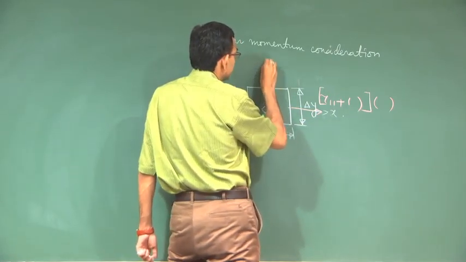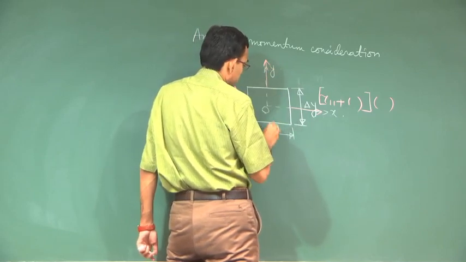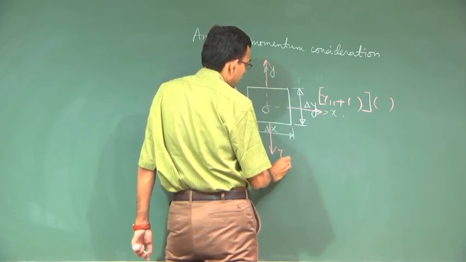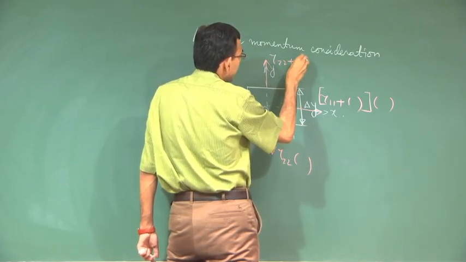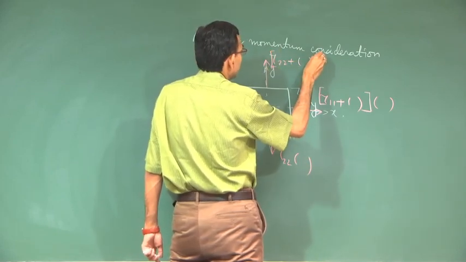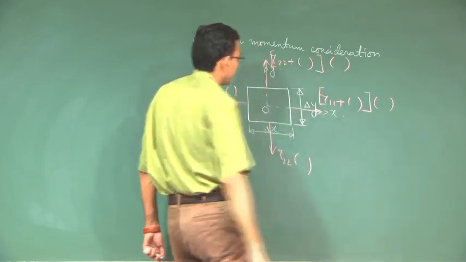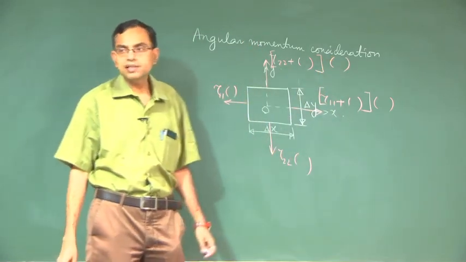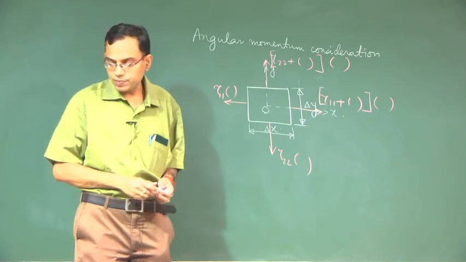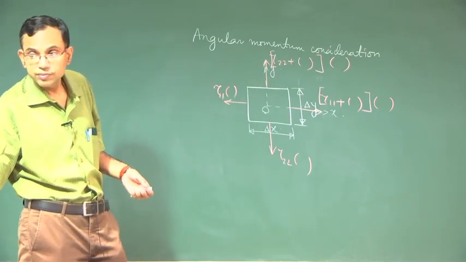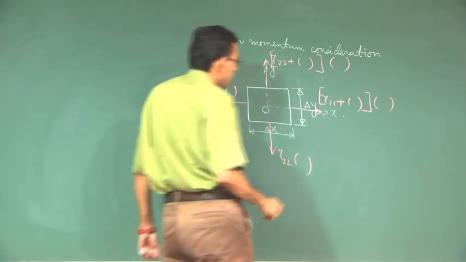Similarly, you can have here tau 22 into area, and here you have tau 22 plus some change in tau 22 into area. So, the normal stresses are not giving rise to any moment with respect to O, but shear stresses will.